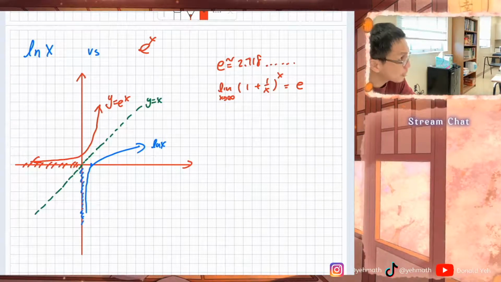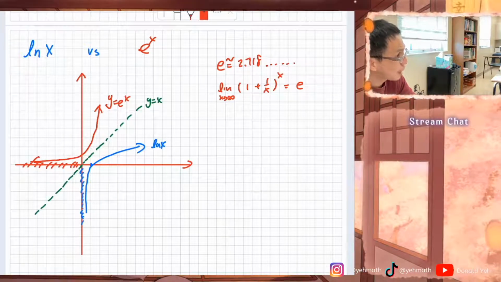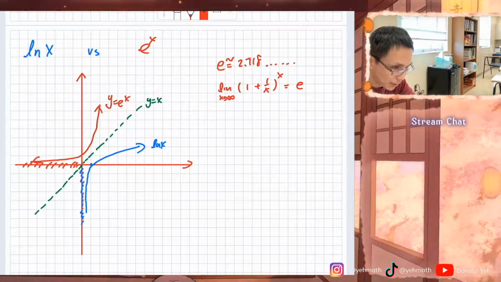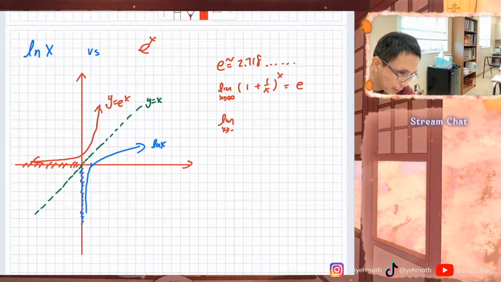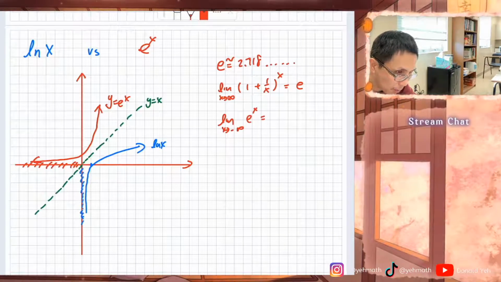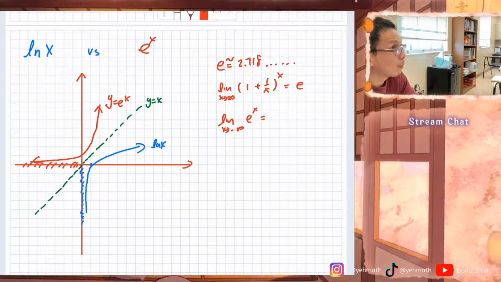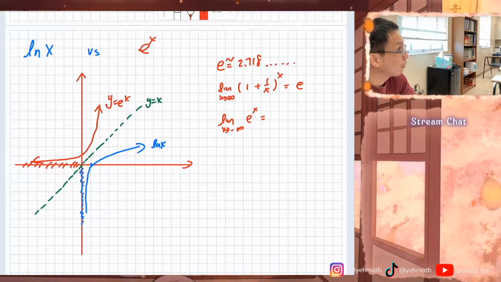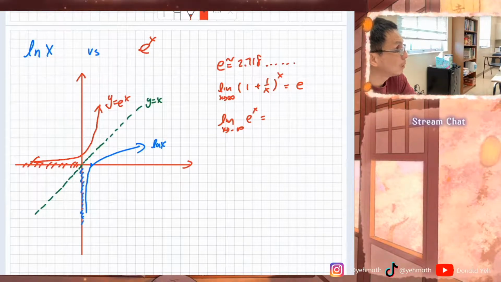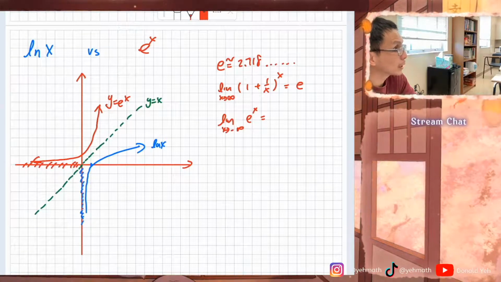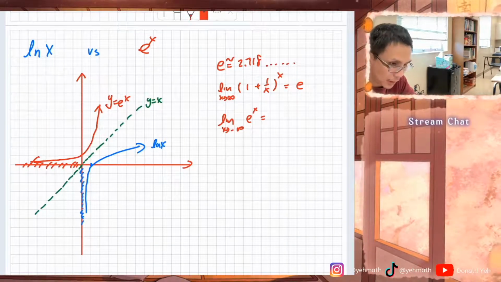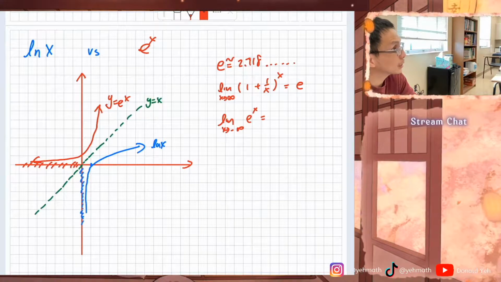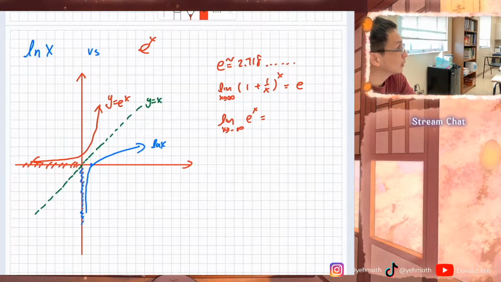Now we're going to talk strictly about the red graph. I'm going to use a red color so that you can see. As a limit, x approaches negative infinity of e to the x. What am I going to get? If x is approaching negative infinity, what am I going to get? 0.